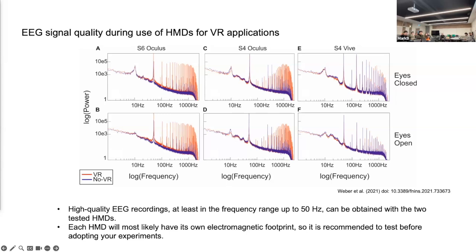Based on this research, they recommended that if you try to use an HMD with EEG, then the frequency window for reliable analysis is below 50 Hertz.